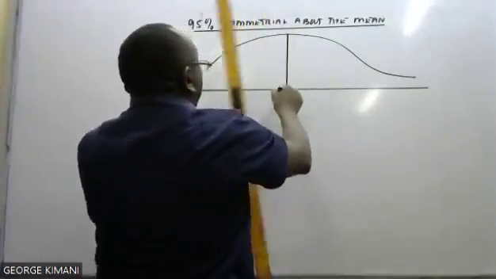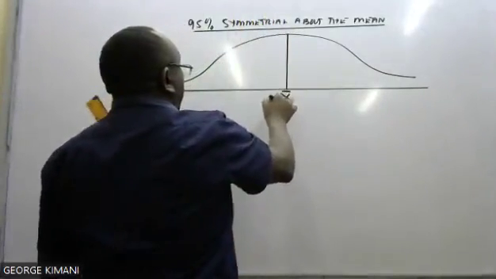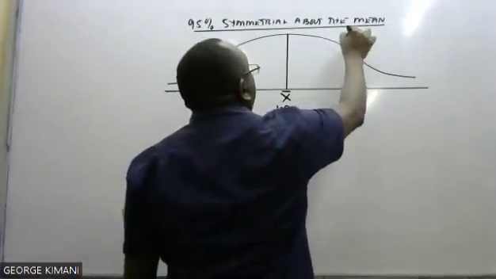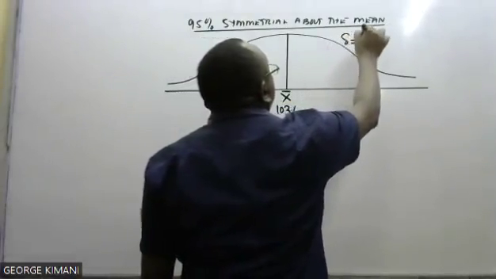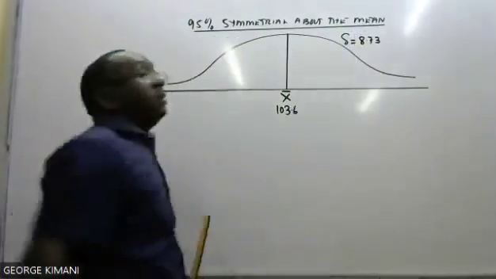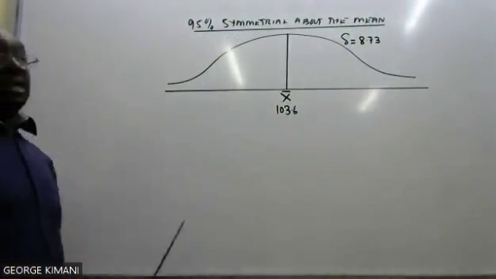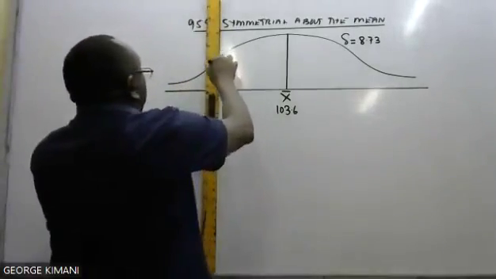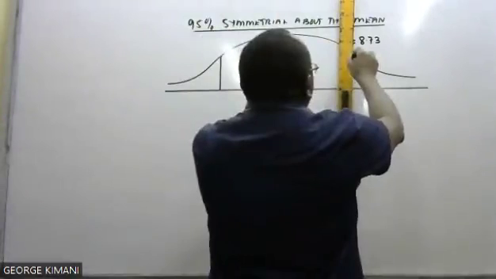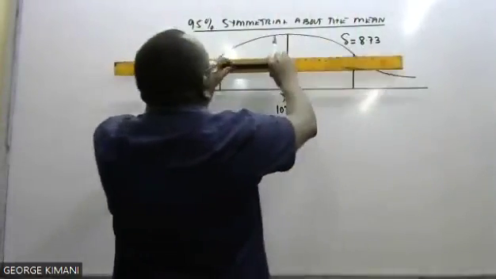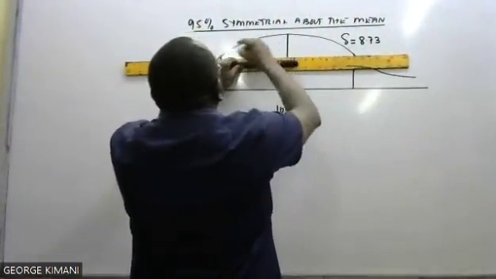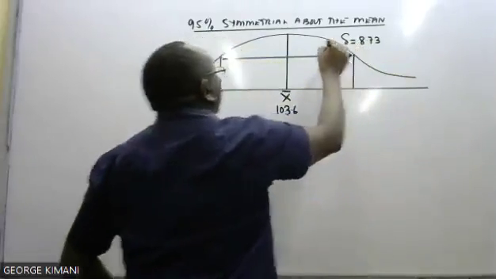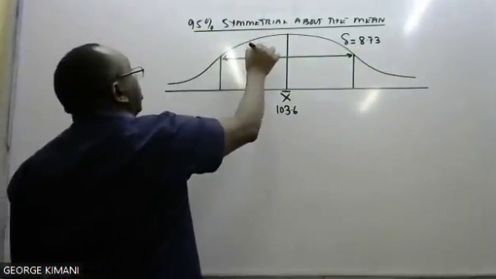So this is the mean, X bar, which is 103.6. Standard deviation here is 8.73. Now you divide into two equal parts here and here, so that the whole of this region is 0.95.